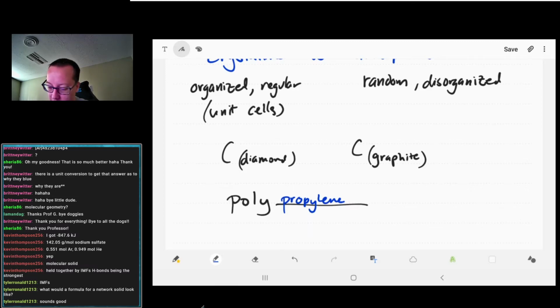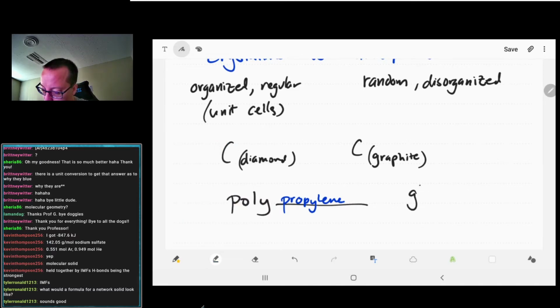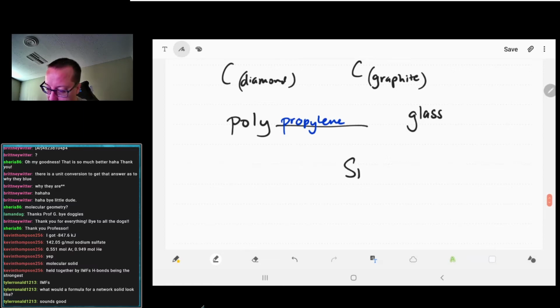Glass would be another one. Remember, glass is silicon and oxygen going around and around. I can't draw these, they're just awful.